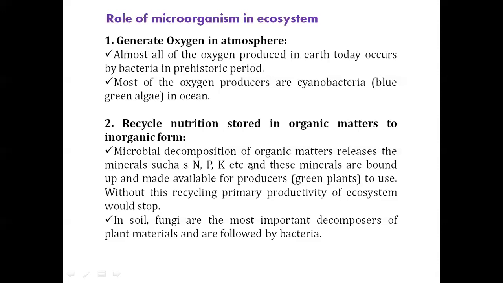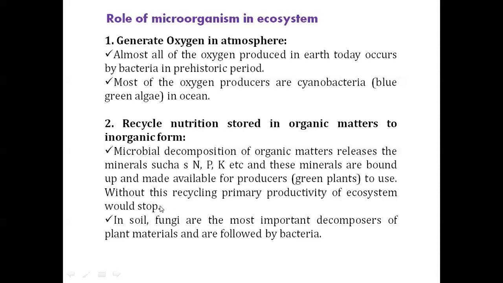Second is recycling nutrition stored in organic matter and inorganic form. Microbial decomposition of organic matter releases minerals such as nitrogen, phosphorus, potassium, NPK, etc. These minerals are bound up and made available for producers like green plants to use. Without this recycling, primary productivity of the ecosystem would stop.